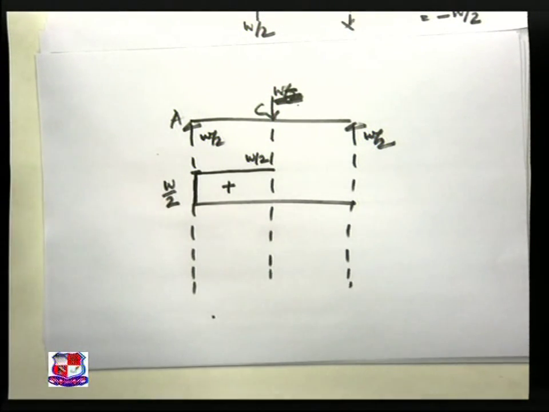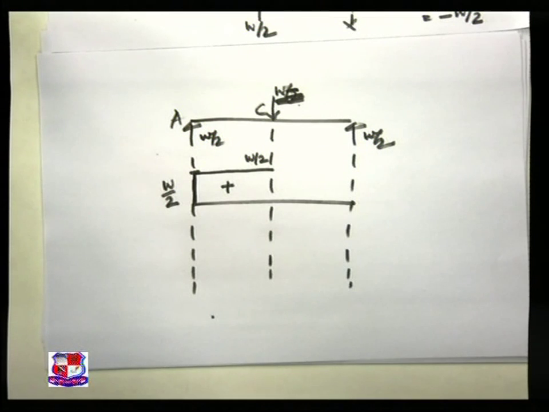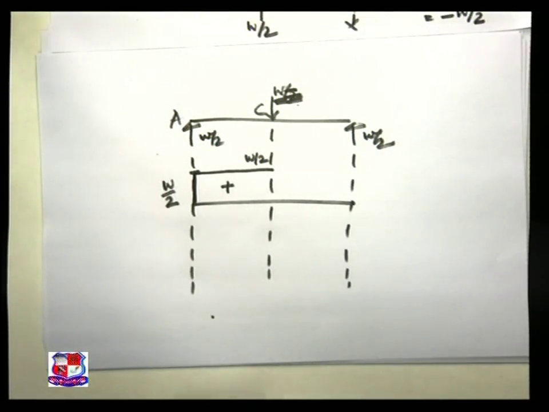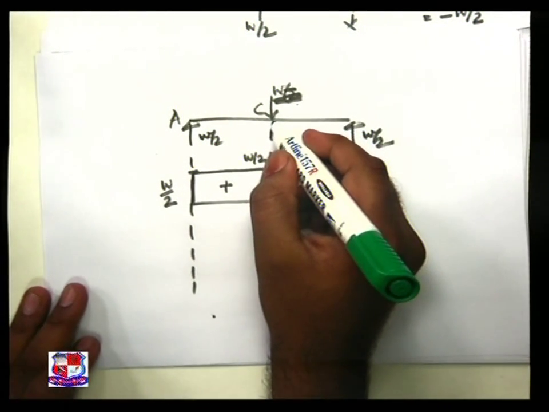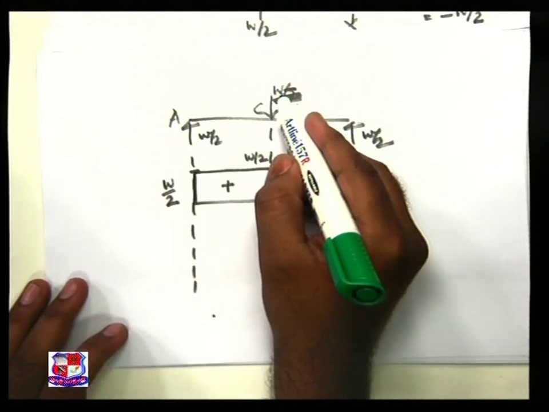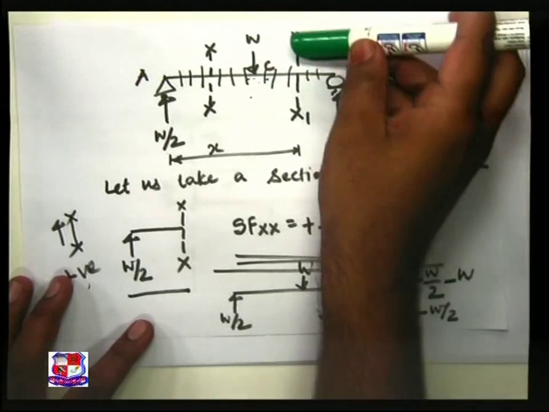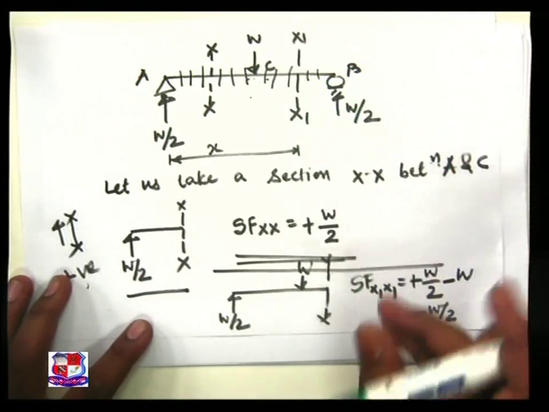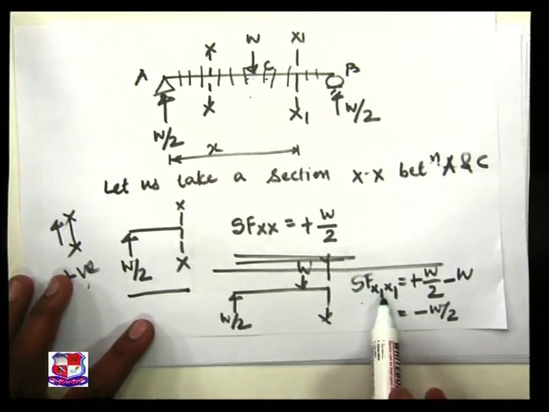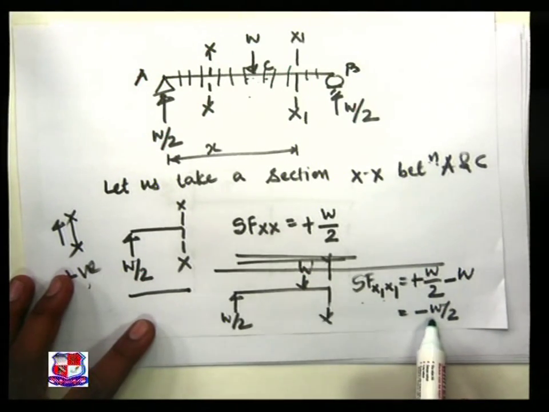Now let us take another color chalk or pen. At point C, W is there, because of that if we take a section x1 over here, we found the shear force at x1 is minus W by 2.